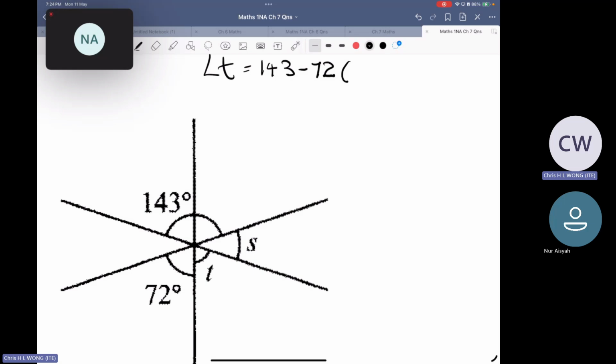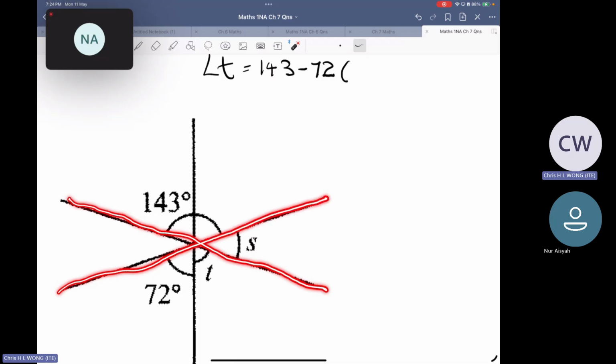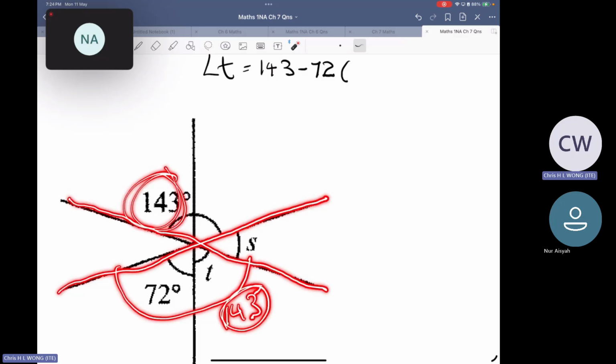If you're using 143, because I can see that you're doing this now, the moment you apply this, this is 143, right? So the moment you apply 143, what are you using? You're applying this equal to this. So what is the reason? Vertically opposite angle, isn't it?